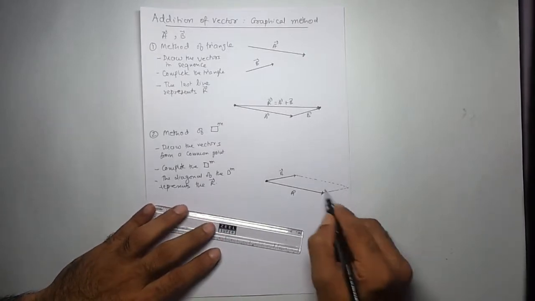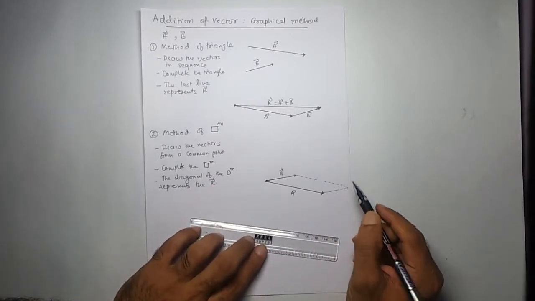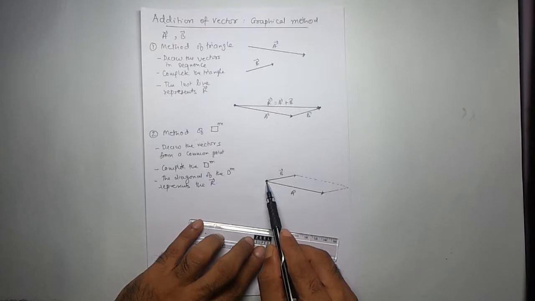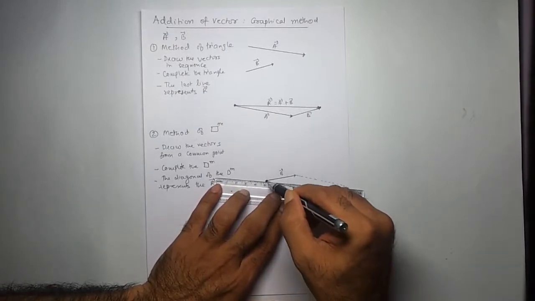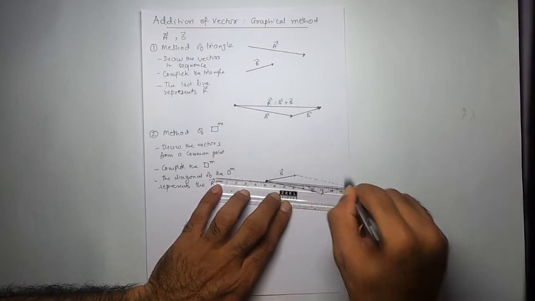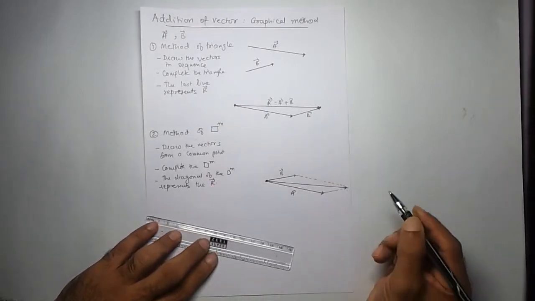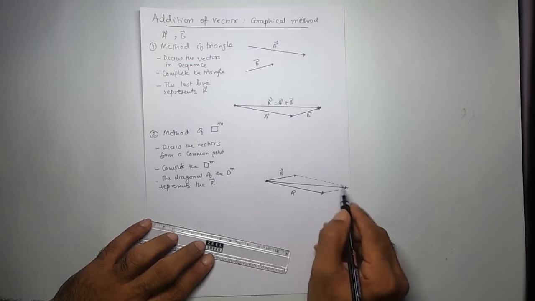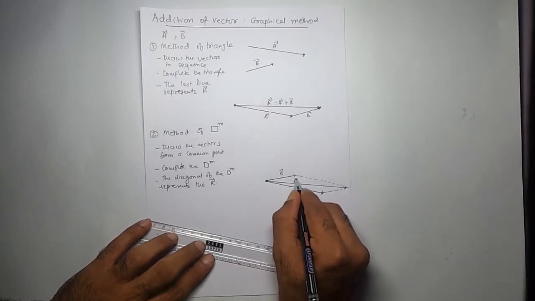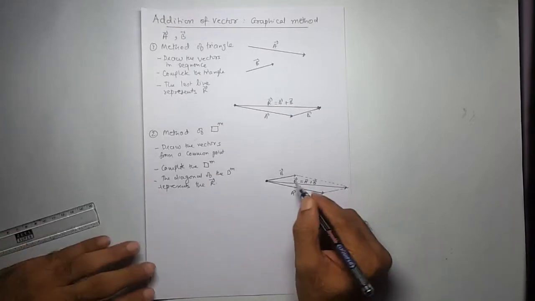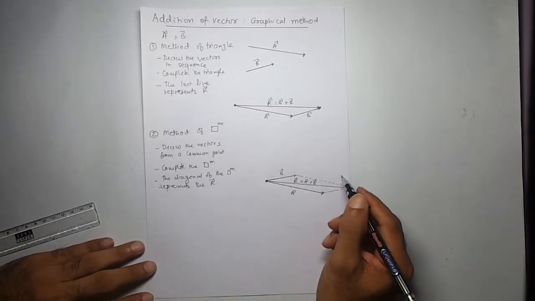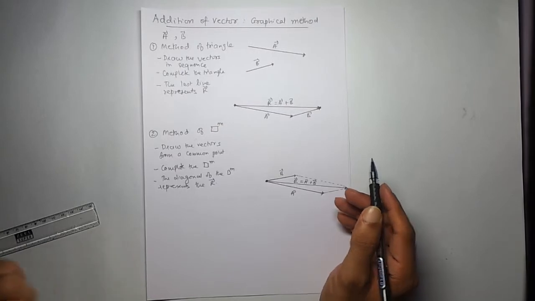So this is how the parallelogram gets completed. Now I draw a diagonal starting from the common point. This particular diagonal represents the resultant of vector A plus B. So this is how we use the method of parallelogram to find the resultant of two vectors.